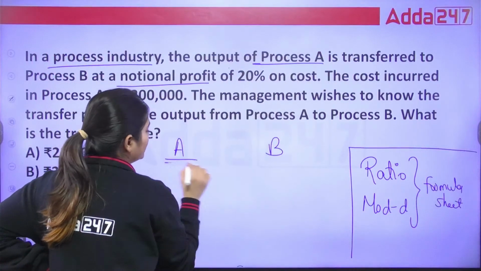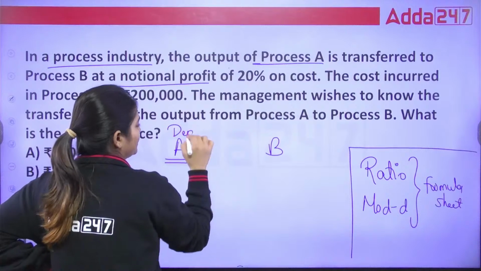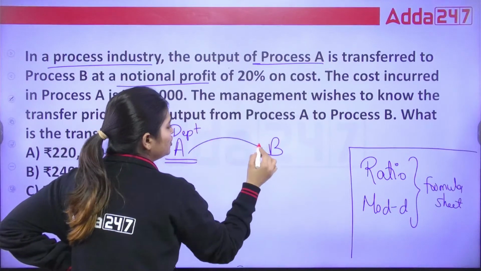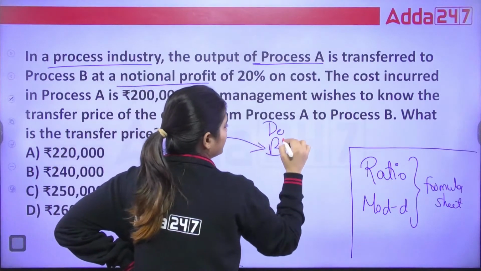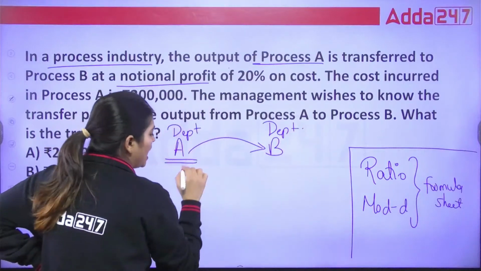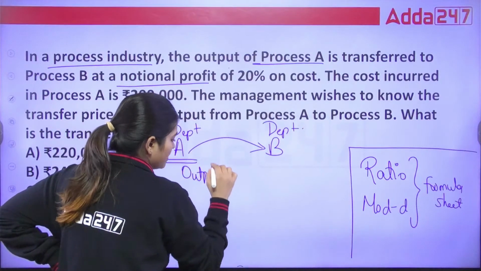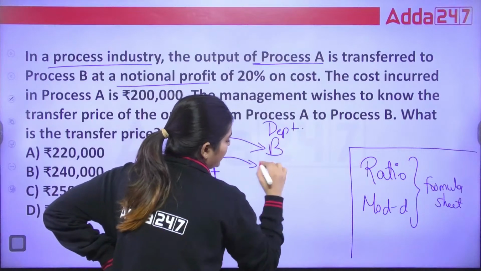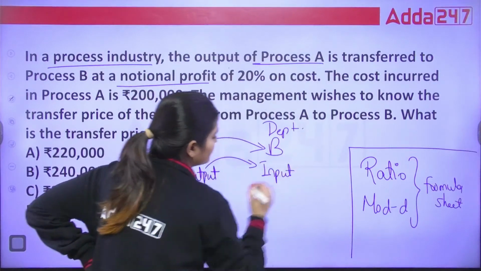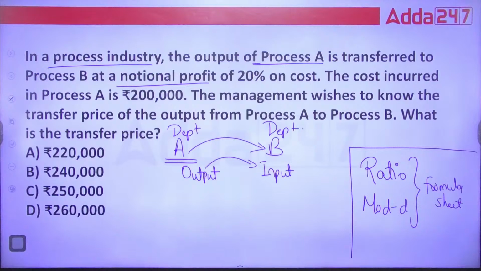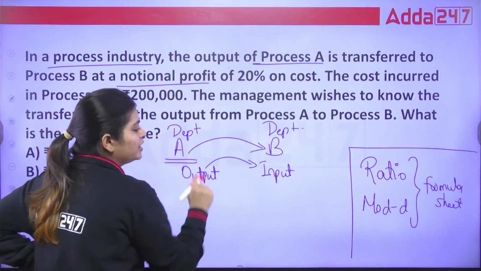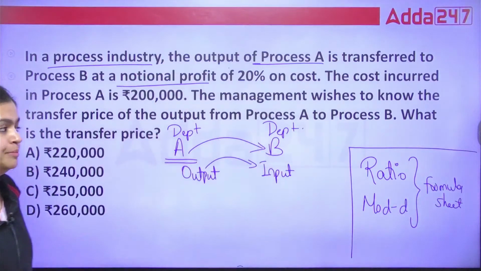Means whatever A department produces is used by your B department. So A's output is actually B's input.